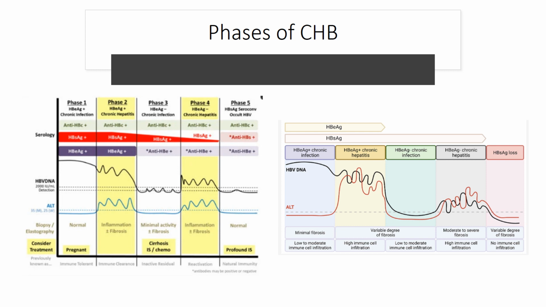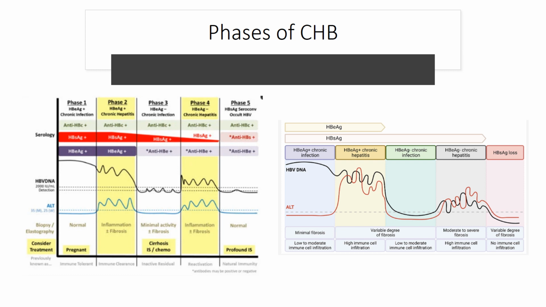What are the phases of chronic hepatitis B? Chronic hepatitis B virus patients experience episodes with fluctuating serum levels of viral DNA and alanine transaminase (ALT) liver enzyme levels.